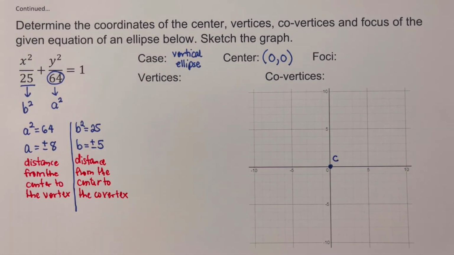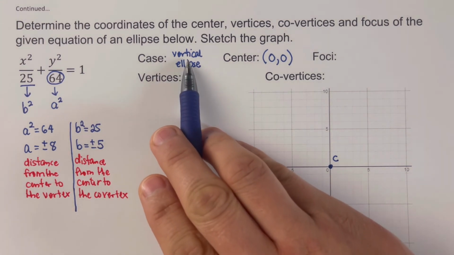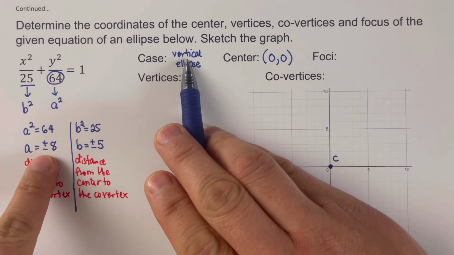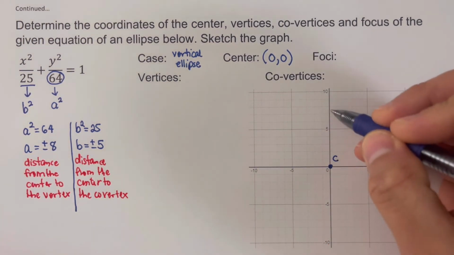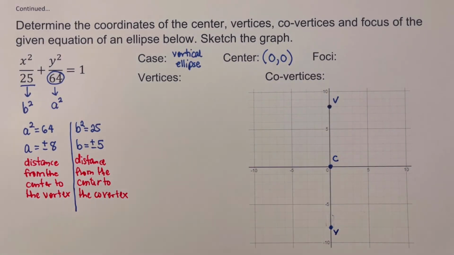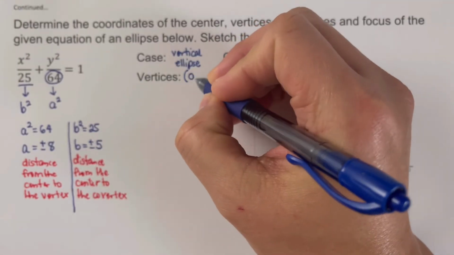Okay, since we have already the values for A and B, and we remember that this is a vertical ellipse, so this A is going to go up and down 8 from the center. So I go up 8 and down 8. Okay, so I've labeled the two vertices, and I'm going to write the coordinate of these two values up here.